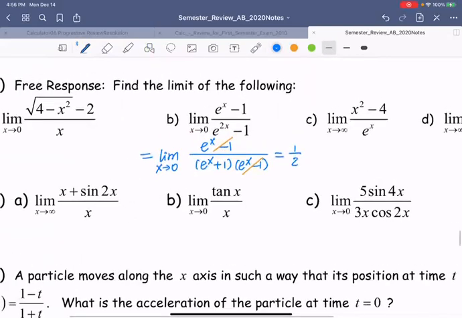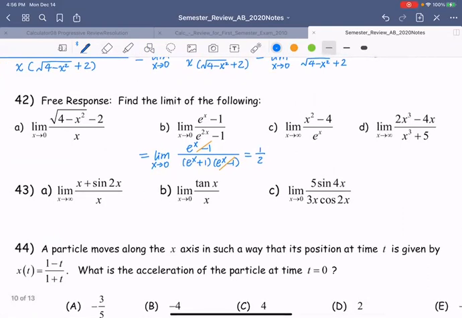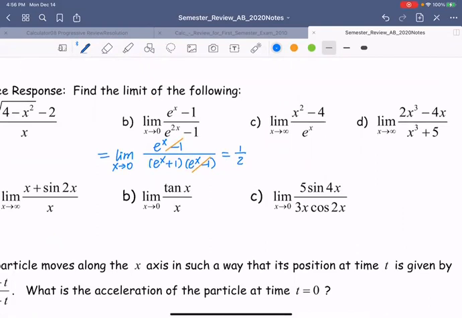For the C, did you learn the L'Hospital rule? I taught you in summer, right? Yeah, so for the C, we are going to do the L'Hospital rule, okay? This is infinity, this is infinity, so that's infinity over infinity.